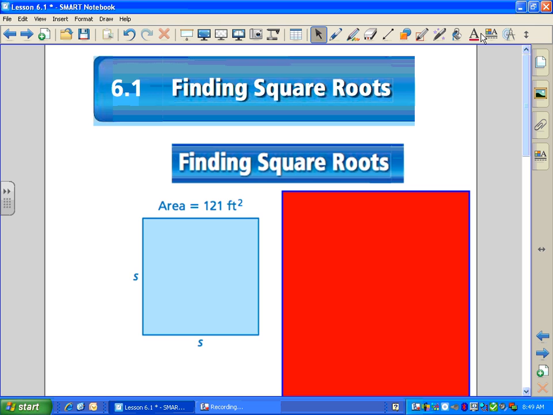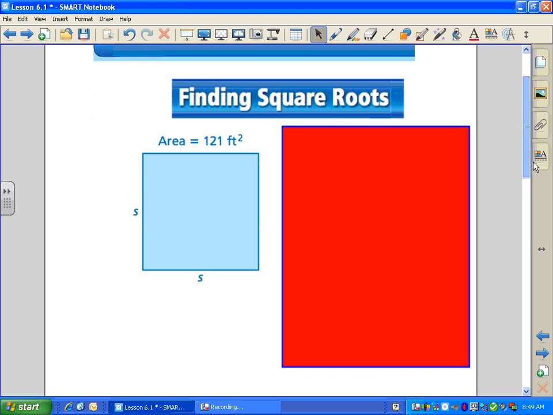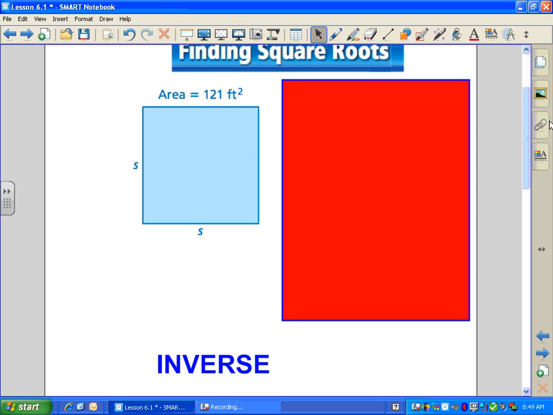Lesson 6.1, finding square roots. Take a look at our first example, guys. They tell us that the area of this square is 121 feet squared. So we want to know what S is equal to, or the side of the square.